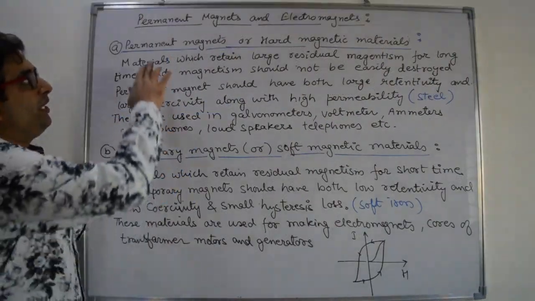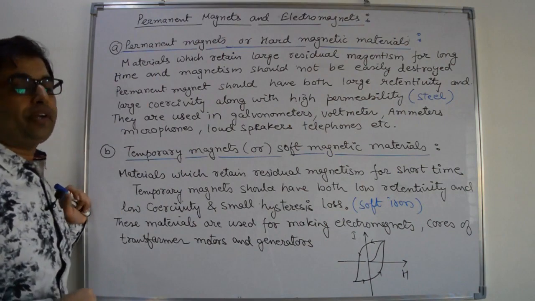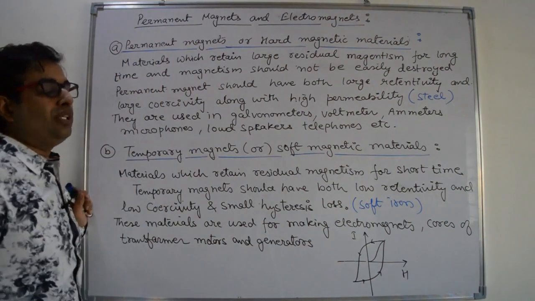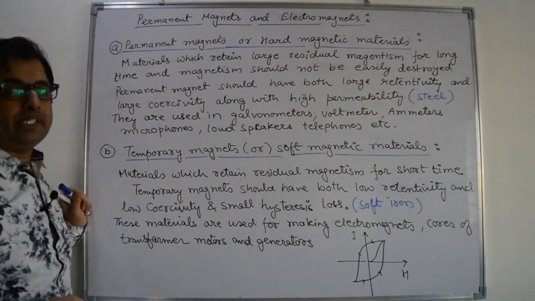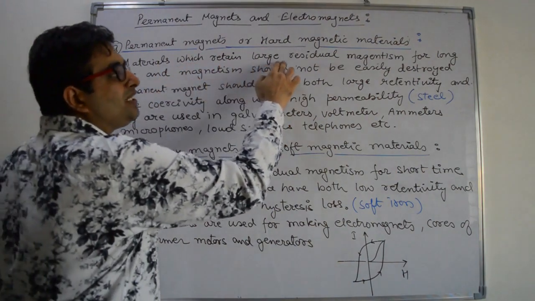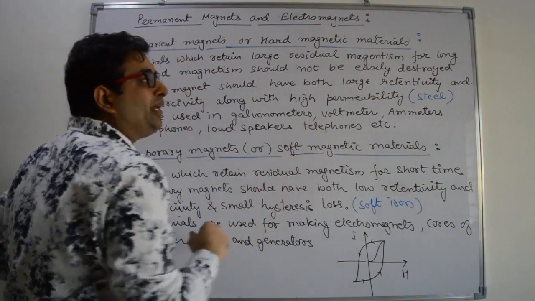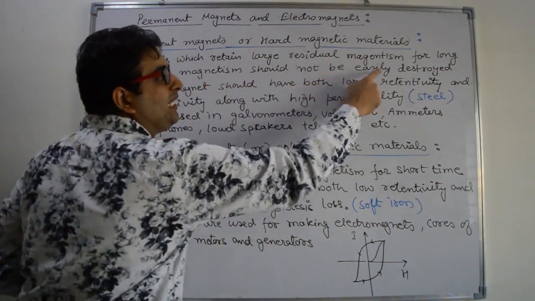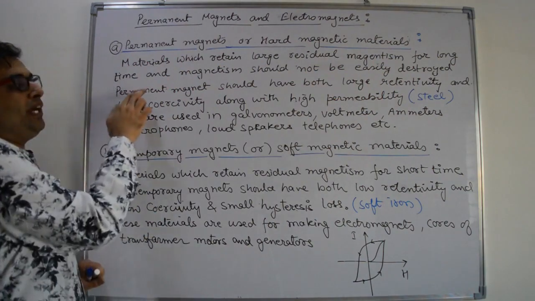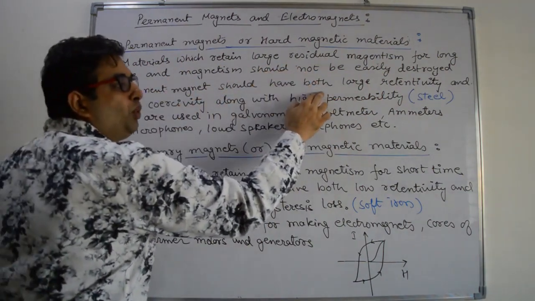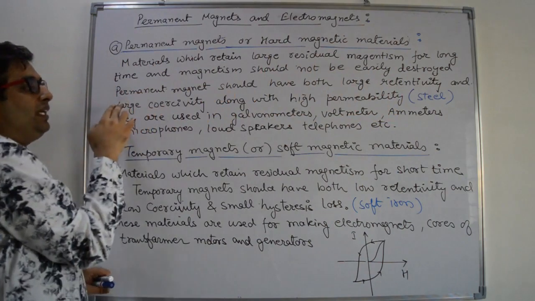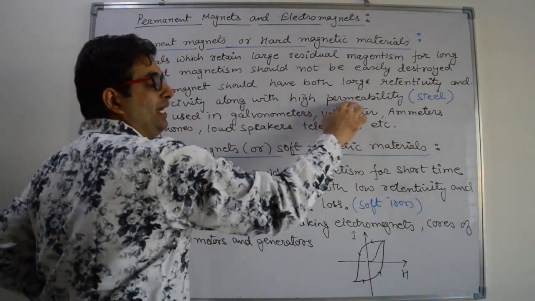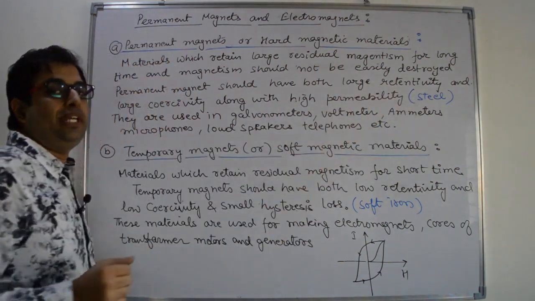Next topic is permanent magnets and electromagnets. Permanent magnets are also known as hard magnetic materials. They retain large residual magnetism for a long time, and the magnetism should not be easily destroyed. Permanent magnets should have both large retentivity and large coercivity along with high permeability, and the example is steel.